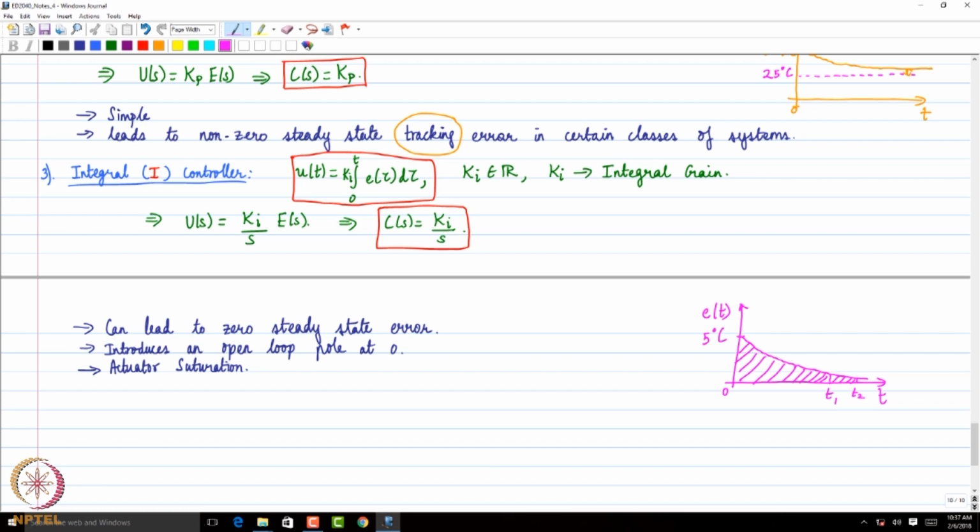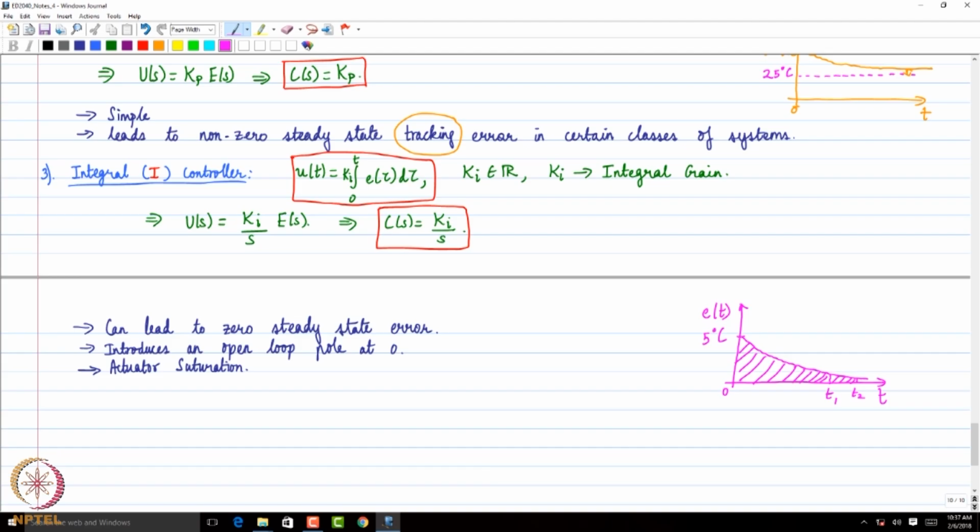actuator. For example, in this air conditioner, what is the actuator I may use? I will be using a compressor based cooling system. Let's say I have a certain capacity for the compressor and the fan assembly. And I keep on calculating this control input, even as the temperature error goes closer and closer to 0, there may be a point where I have a saturation in the control input.